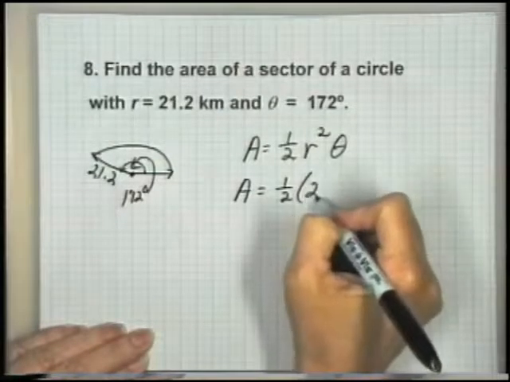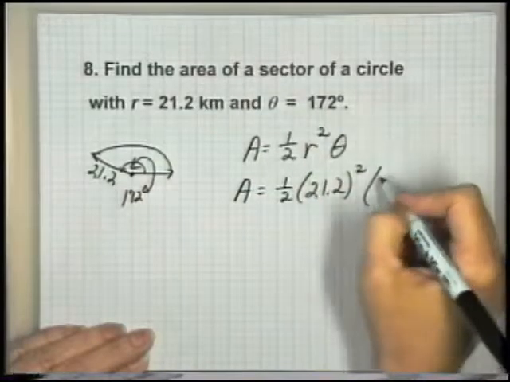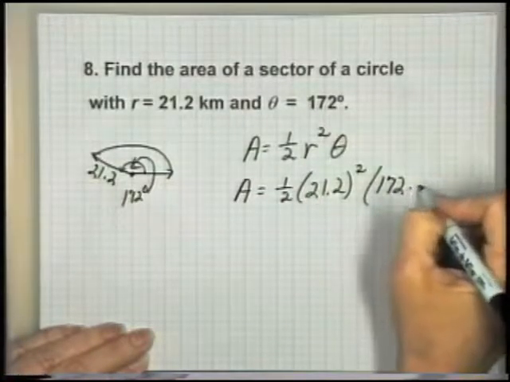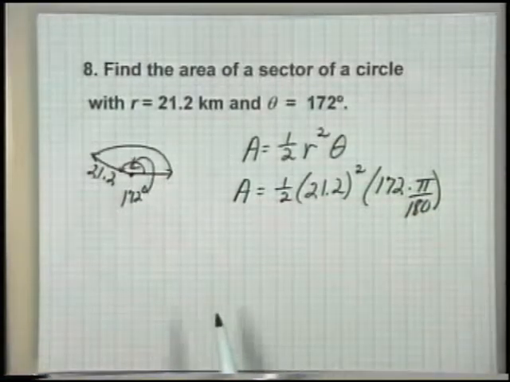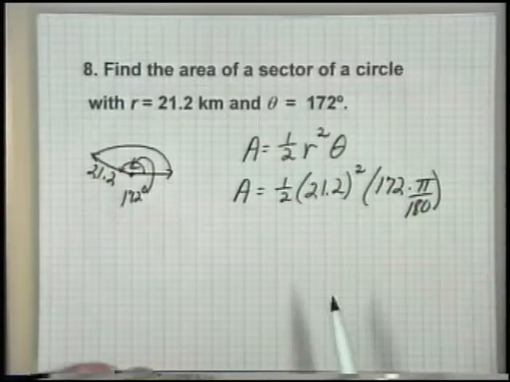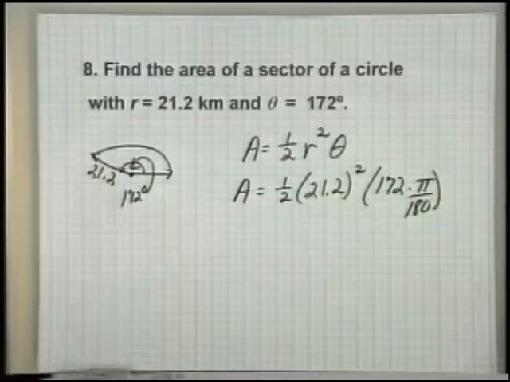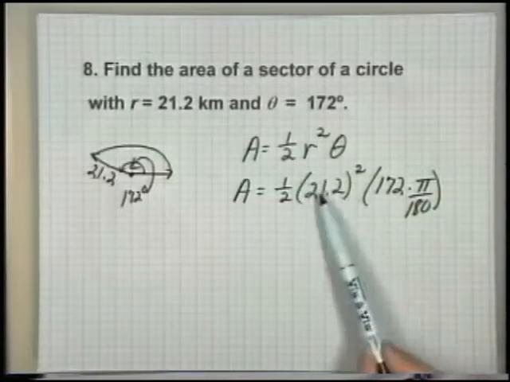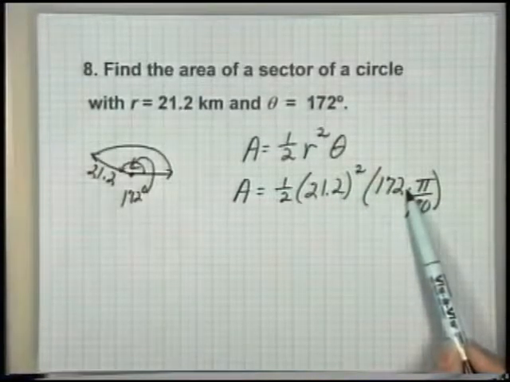But this time, we'll convert theta. That would be 172. We'll multiply by pi over 180. And once again, I would just calculate this. The 2 and the 180 are in the denominator, and usually I just would say 21.2 squared.